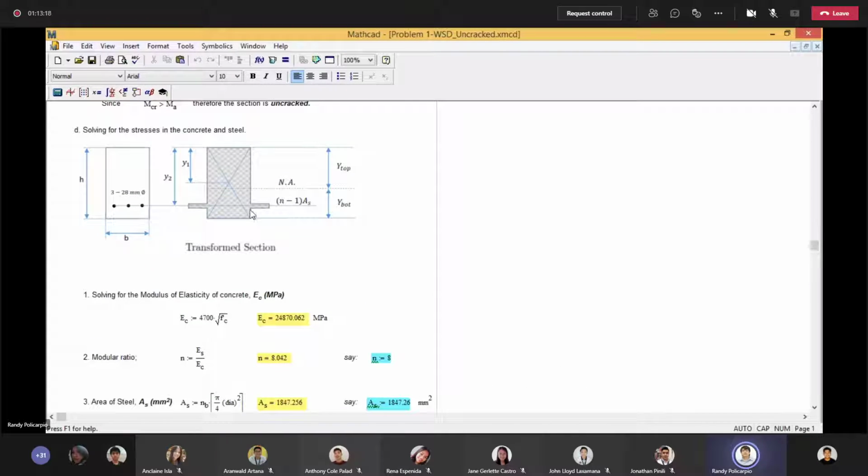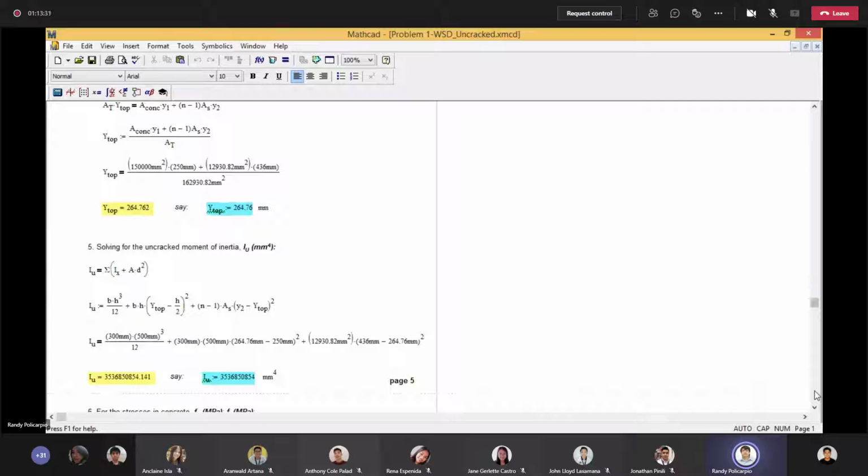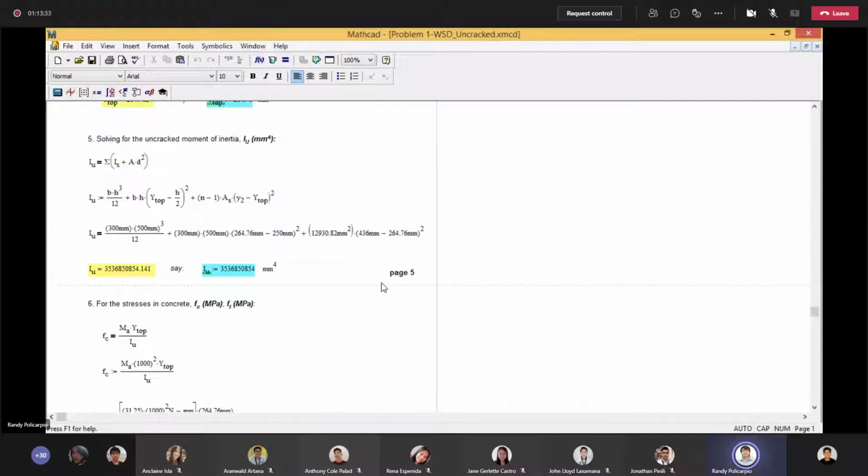So that is the distance of this line up to the neutral axis, and that is Y2 minus Y top. Okay? So that is our computation of the moment of inertia, or to be specific, the uncracked moment of inertia. So substitute, then the result. So you have your uncracked moment of inertia.